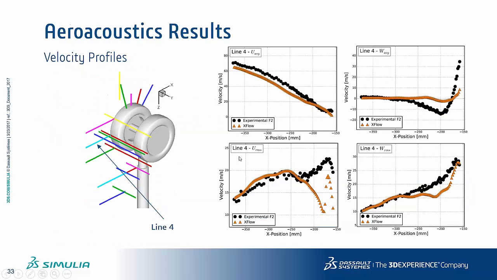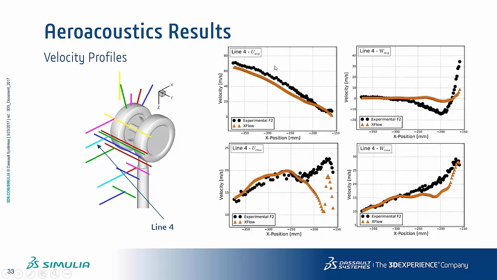Now we also have the velocity profiles. So here also a lot of data available, so we won't show all the lines, otherwise you'll get slipping very soon, but just let's select a few lines here for this case where all these lines have been measured in the wind tunnel, but we'll just pick up a few ones so that you can have a representative idea of how close the velocity profiles are captured.